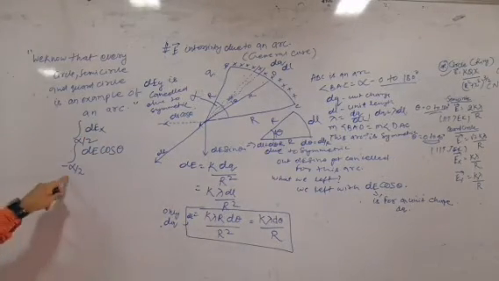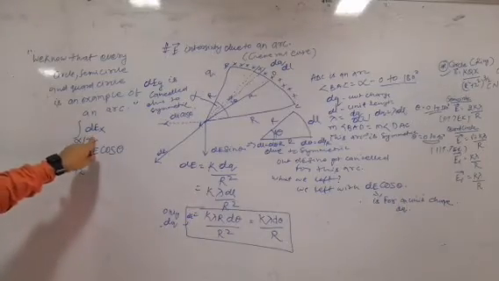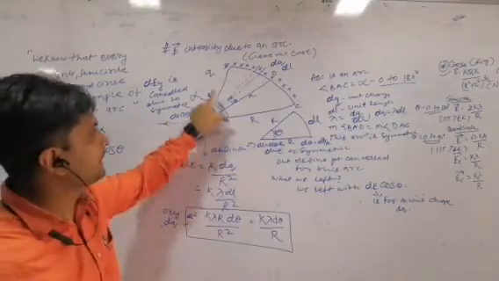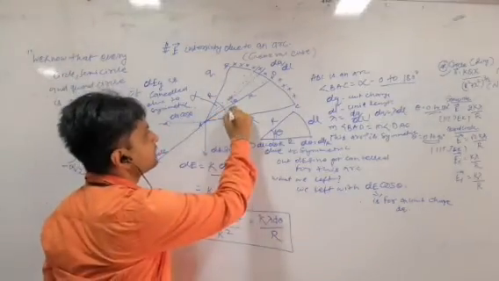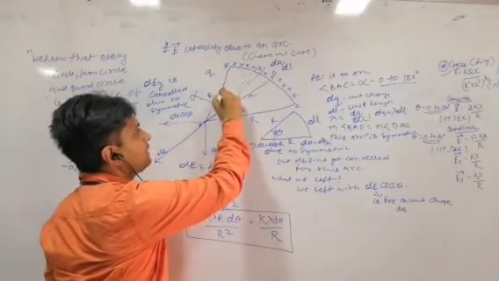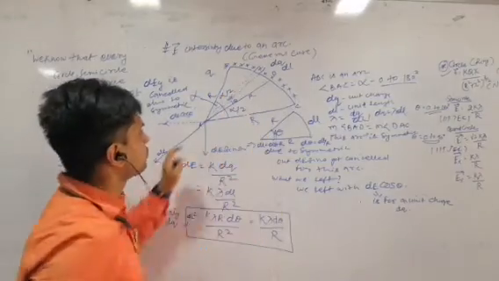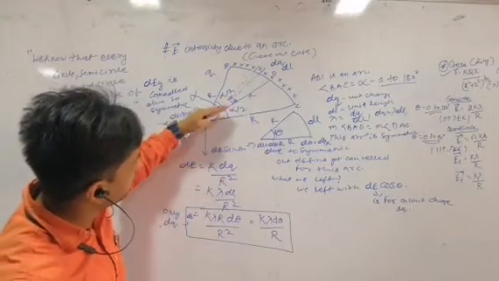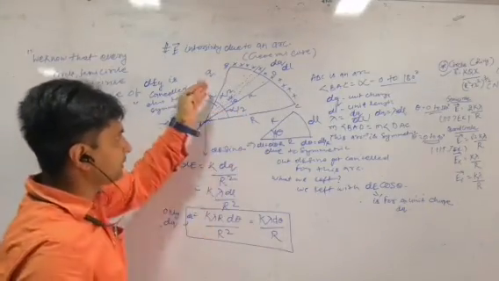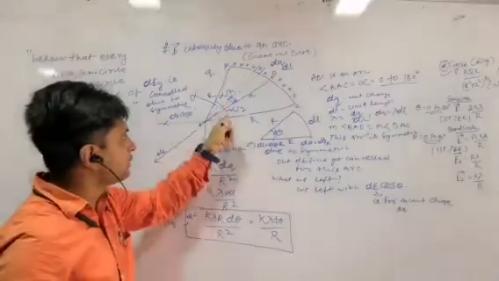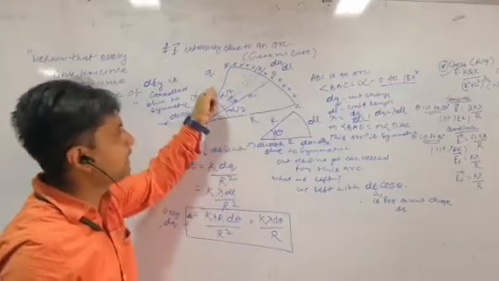This is symmetric. If the total is alpha, this part is alpha by 2 and this part is another alpha by 2. So after this point it is minus alpha by 2, and after that it is alpha by 2. So minus alpha by 2 to alpha by 2.